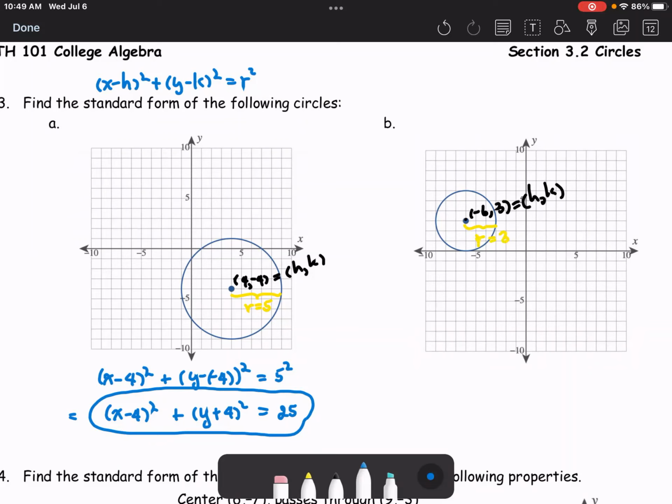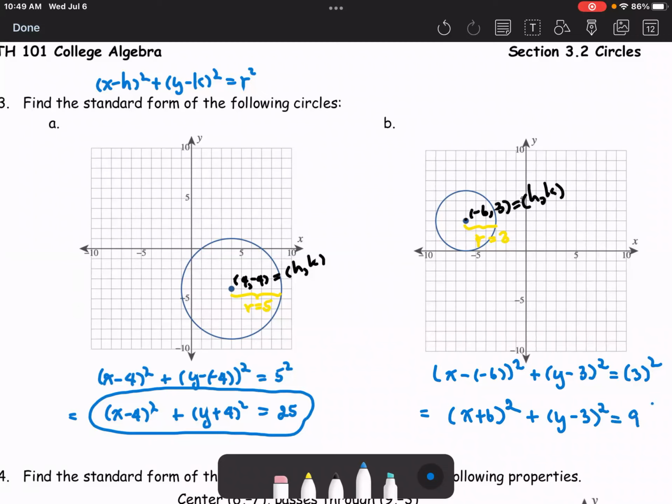Put them together in the standard form: (x minus negative 6) squared plus (y minus 3) squared equals r, which is 3 squared. And we write it as (x plus 6) squared plus (y minus 3) squared equals 9.